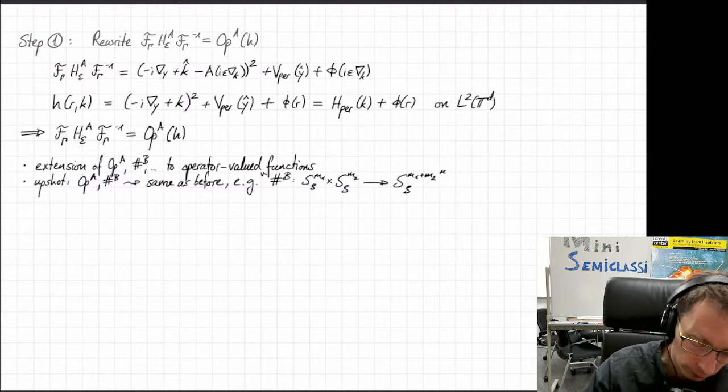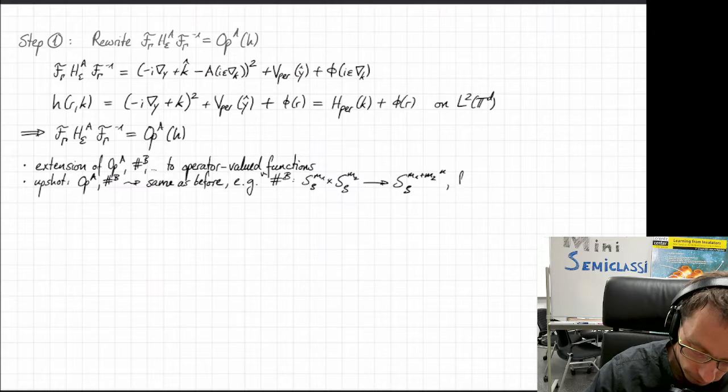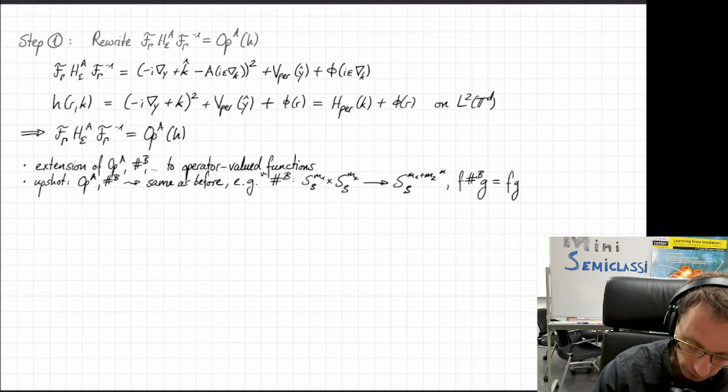But you still have a composition law in terms of Hörmander symbols, and importantly, an asymptotic expansion. So f Weyl-product g makes sense, and it's still f times g, the pointwise product of operators, minus epsilon i divided by 2 times the magnetic Poisson bracket of f and g, plus order epsilon squared.